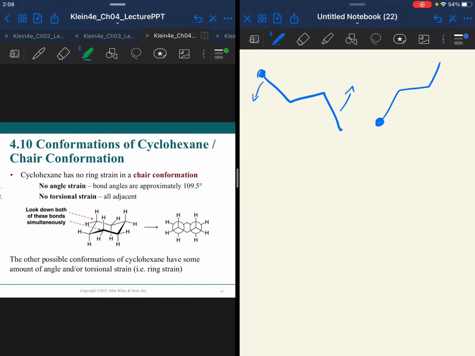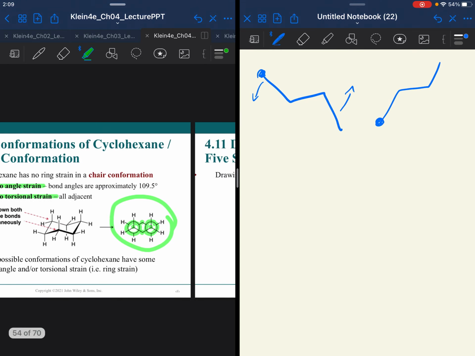Now, here they're just talking about how there's no angle strain, no torsional strain, as we discussed. This is the Newman projection version, right? You can see carbon 1, 2, 3, 4, 5, and 6. You can see that in the chair position, you get that perfect staggered 60-degree dihedral angles. So no torsional, no steric strain.